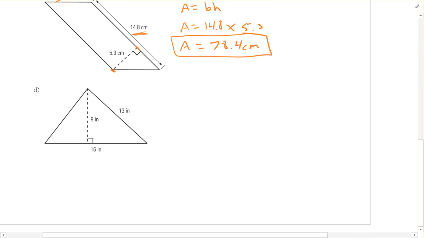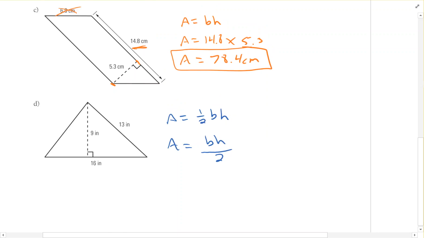Okay, D, well, that's another triangle. So surface area of a triangle is just area is equal to 1/2 base times height. And this one's going to do a little bit different just to show you that you can. You also could have just written this as area is equal to base times height divided by 2. That's the same thing as 1/2 times those things, right?